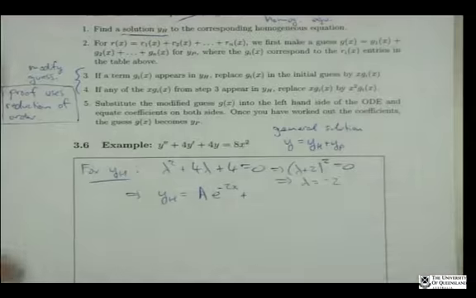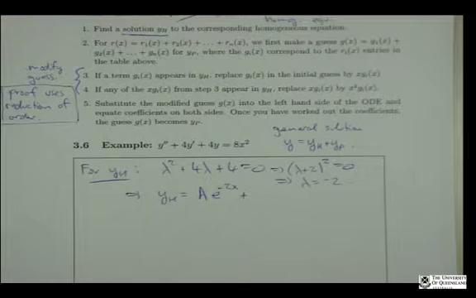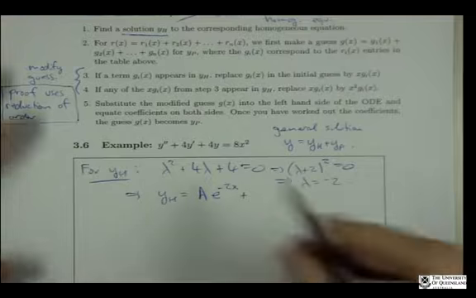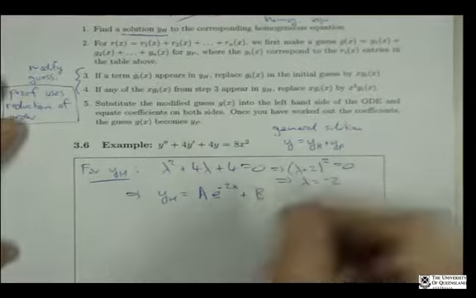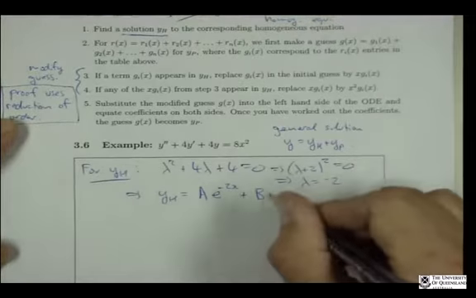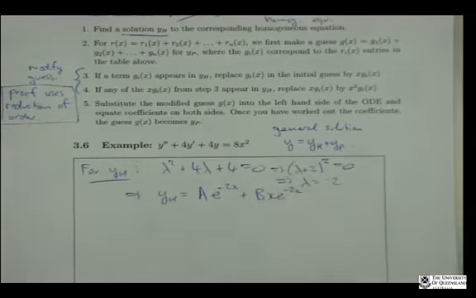But remember, this corresponds to that second case in the table on page 22, where we have just one root of the characteristic equation, and to get that second linearly independent solution, we just multiply the first one by x. So the yh in this case is just going to be a e to the negative 2x plus b x e to the negative 2x, where a and b are arbitrary coefficients. So that's the first part done.